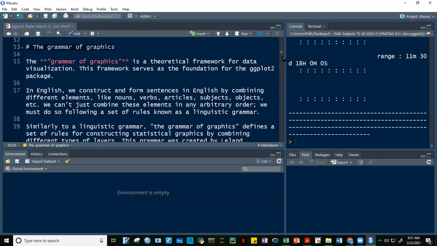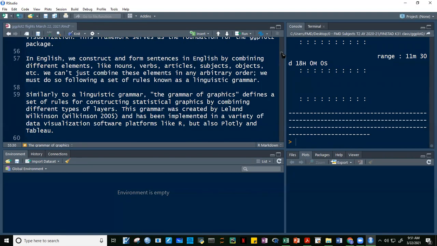There are some rules in grammar that must be followed in order to have a meaningful sentence. In the same manner, guys, ganun din sa grammar of graphics. There's such a thing as linguistic grammar. So there are a set of rules in constructing statistical graphics by combining different types of layers.